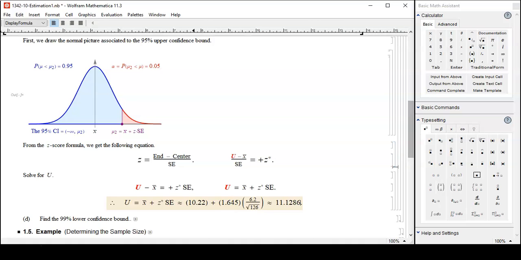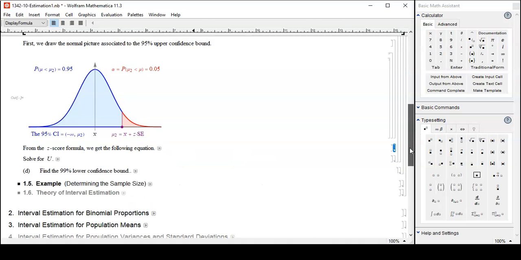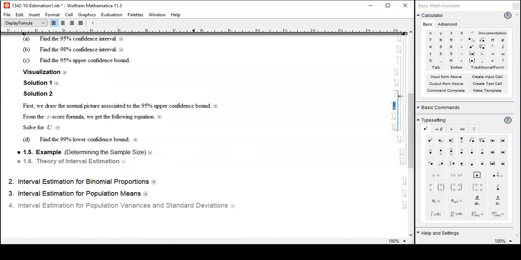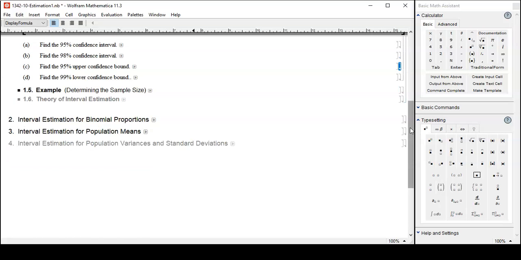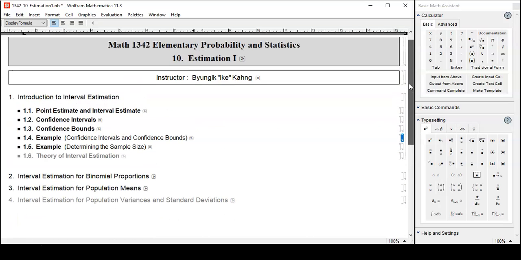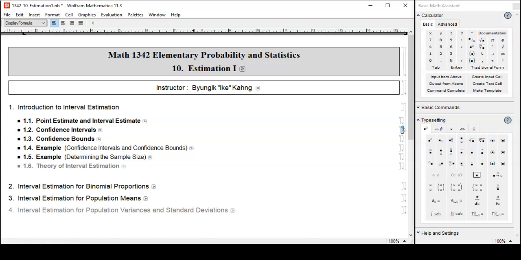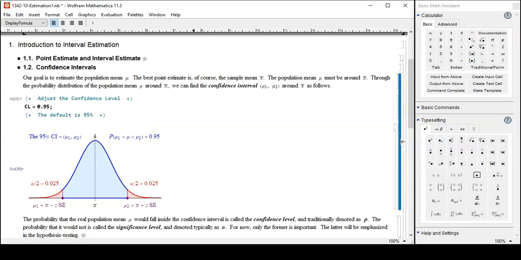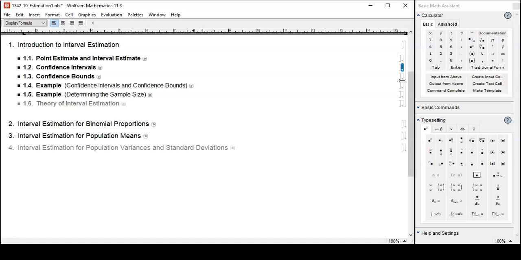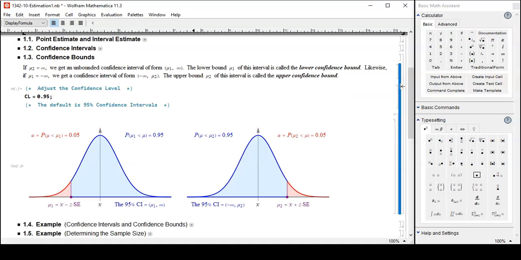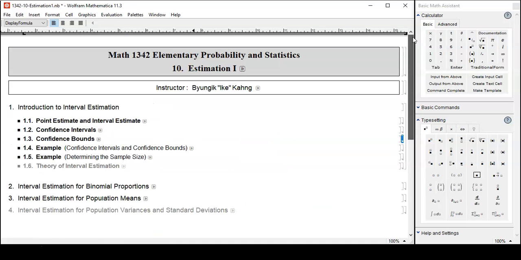That's part D of the problem, and that problem is left to the students. Okay, we went through confidence intervals, which are more important, and then confidence bounds, which are not as important as confidence intervals, but still pretty important by themselves.